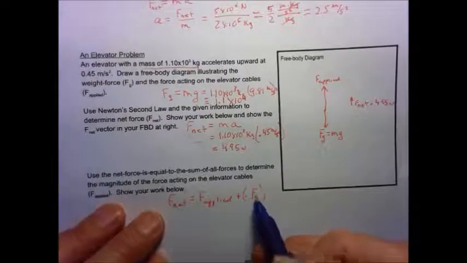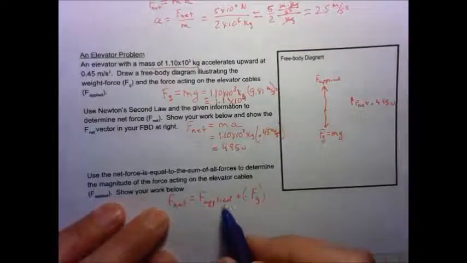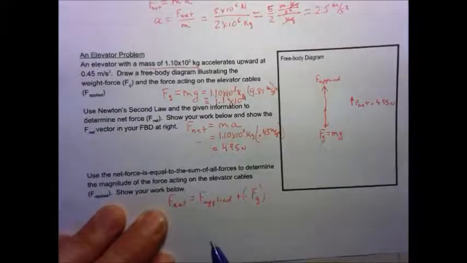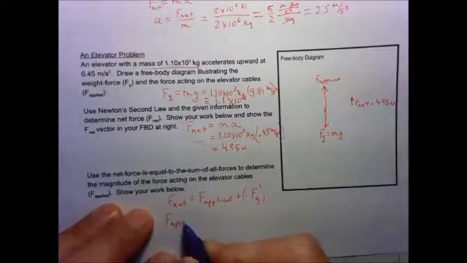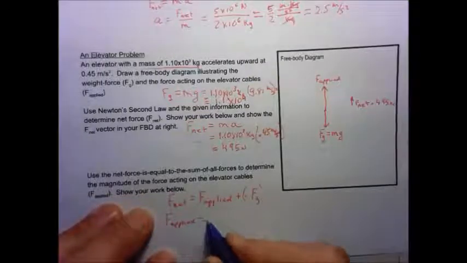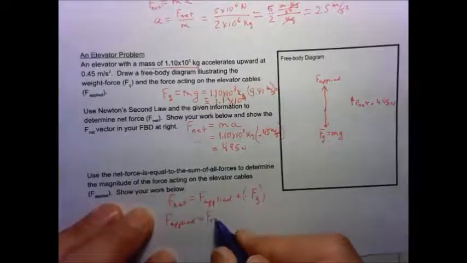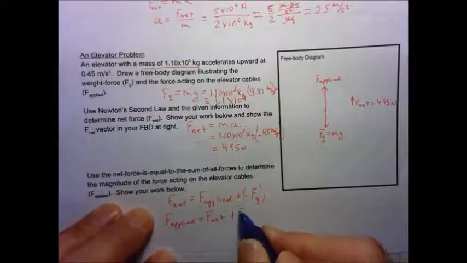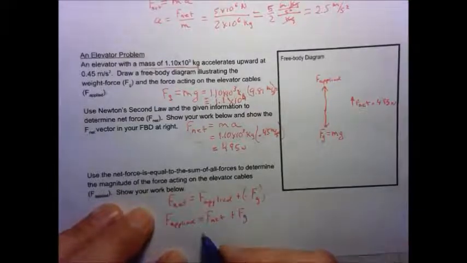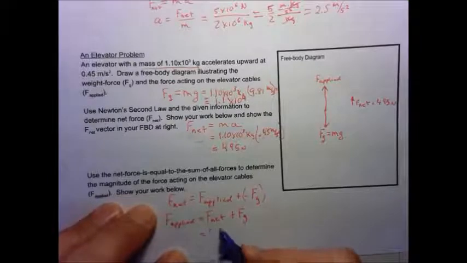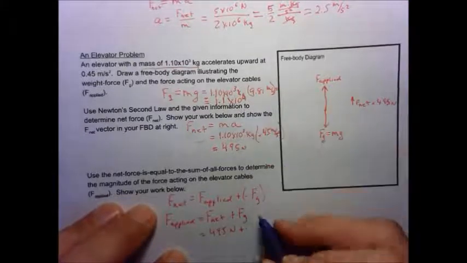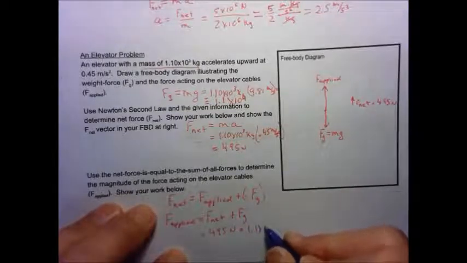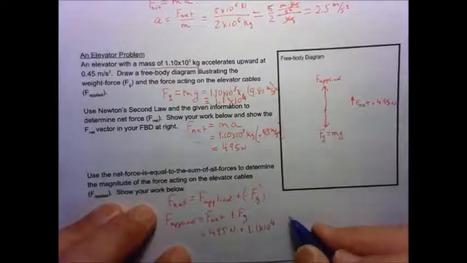Now we know what FG is and what F net is, we just need to rearrange this equation for F applied. F applied is equal to F net plus FG. F net is equal to 495 newtons, and FG is equal to 1.1 times 10 to the 4 newtons.